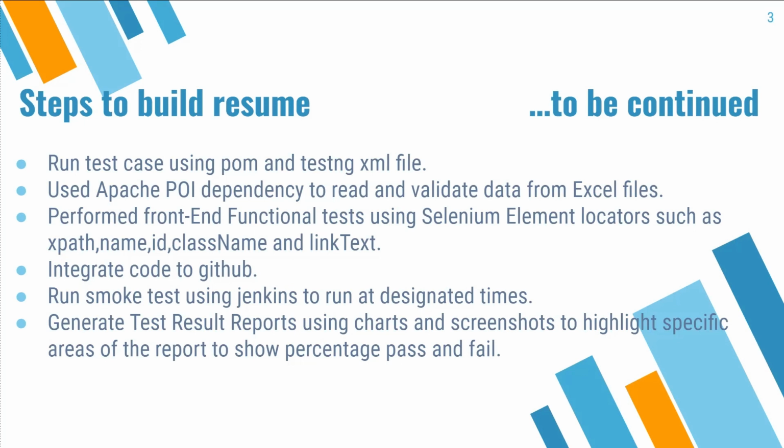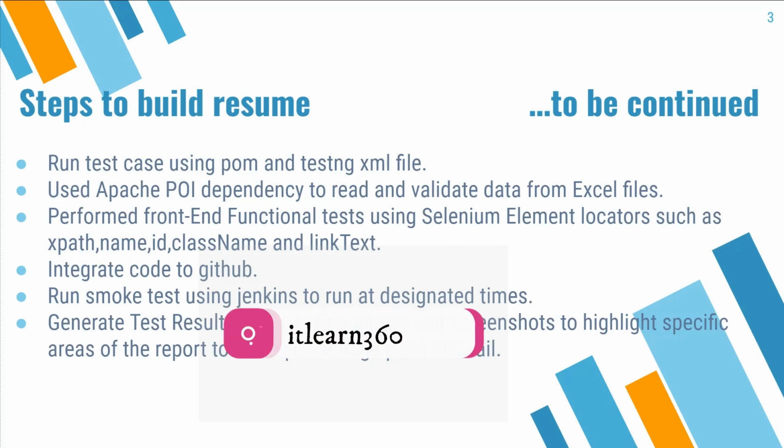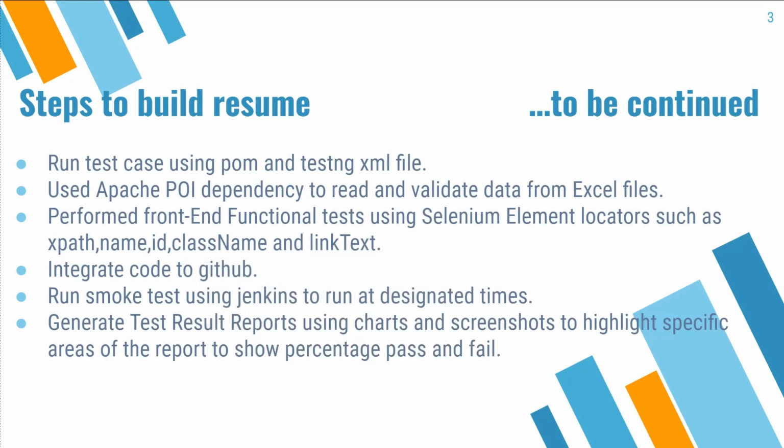And at the end, to run smoke tests, you have used Jenkins, to run at a designated time. So apart from these tools, you have an idea about Jenkins that helps to perform smoke testing also. So the interviewer will get an idea from here that the candidate knows about Jenkins as well.